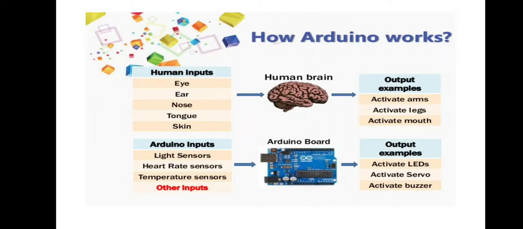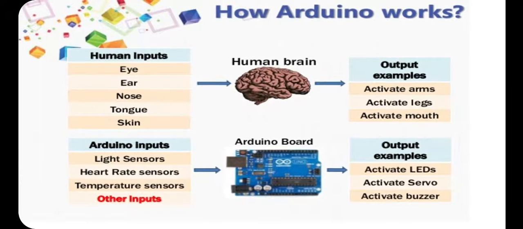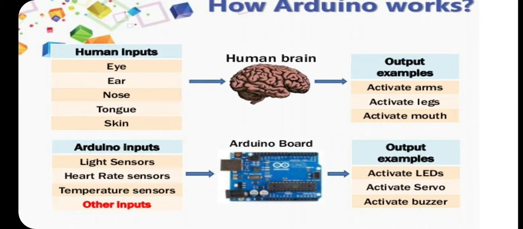So how does Arduino work? Let us compare our brain with the Arduino board. Human inputs are eyes, ears, nose, tongue, skin. These are the inputs, right? So what are the outputs? We activate arms, legs, our mouth according to the input we receive, right?